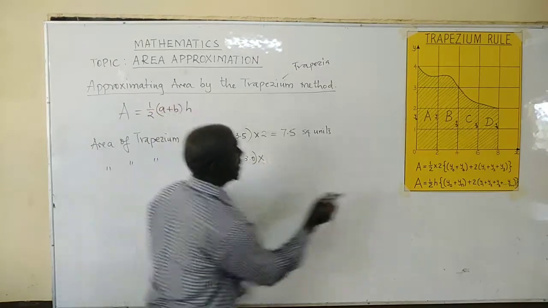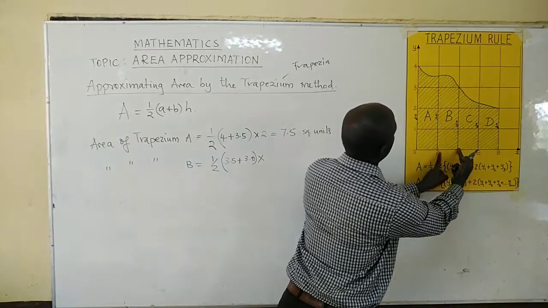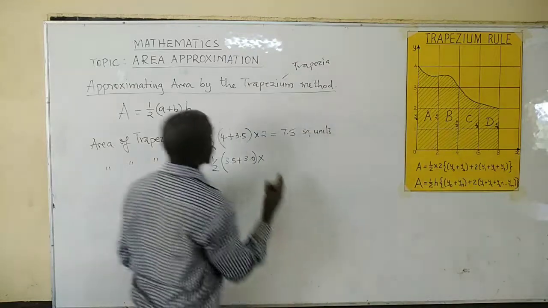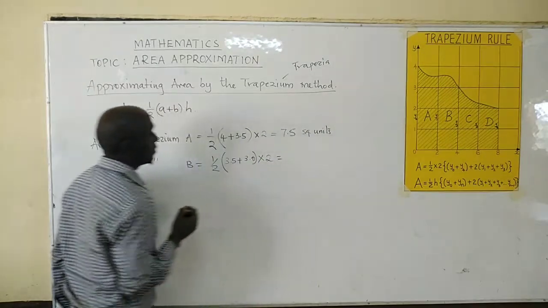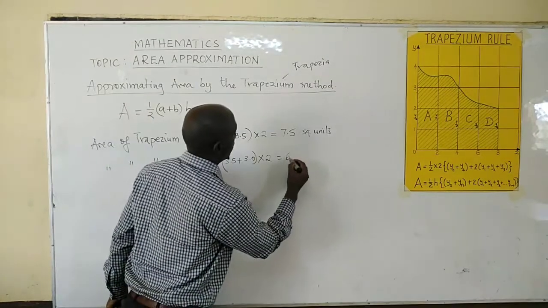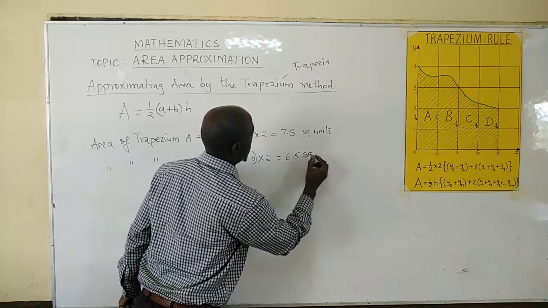Then multiply by the distance between this parallel side and that other parallel side, which is again 2 units. If you do that correctly, my dear Lana, you get 6.5 square units.